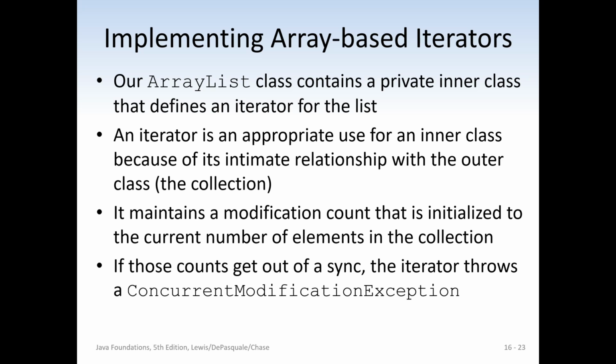You can get this kind of exception. So concurrent modification exceptions happen when that mod count gets out of sync with the iterator. The iterator has an internal count for what it was when it was created, and if that mod count is different, you're going to get this concurrent modification exception.